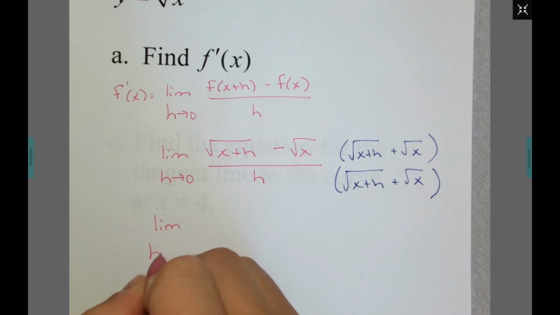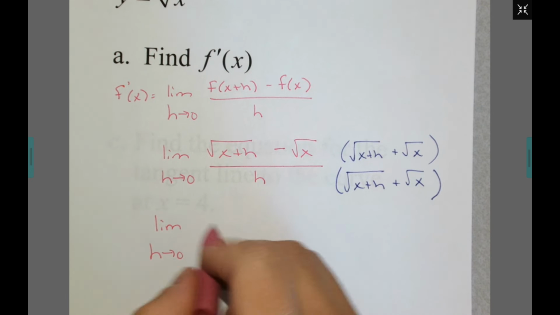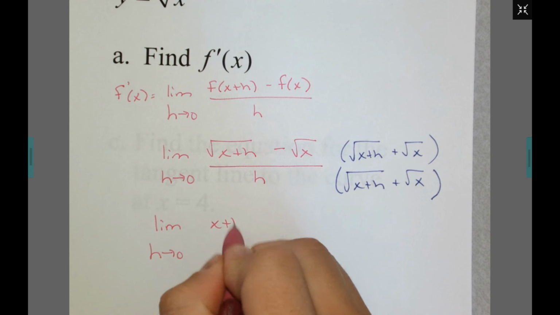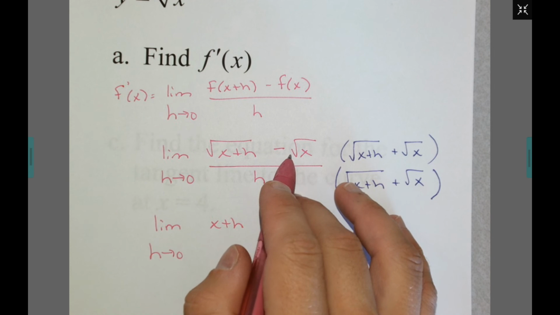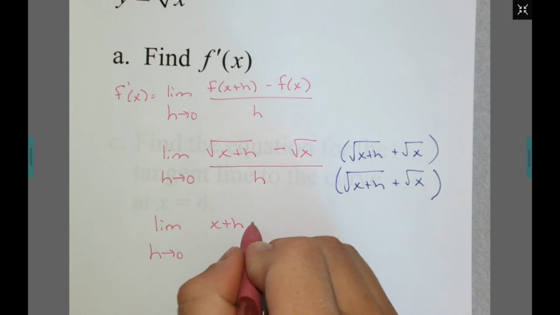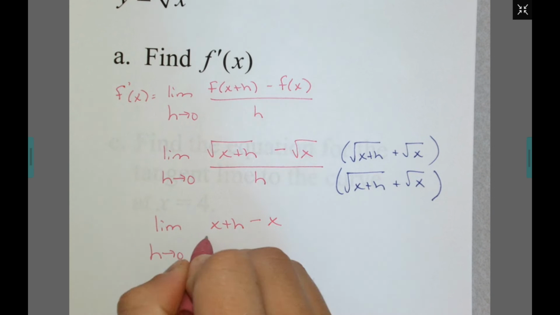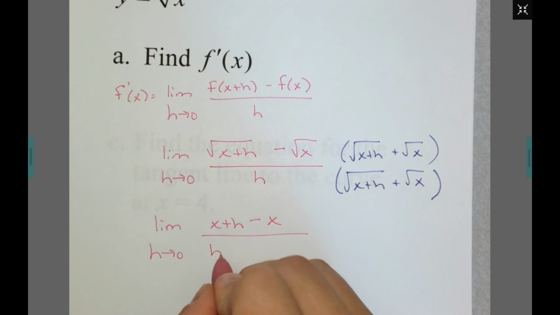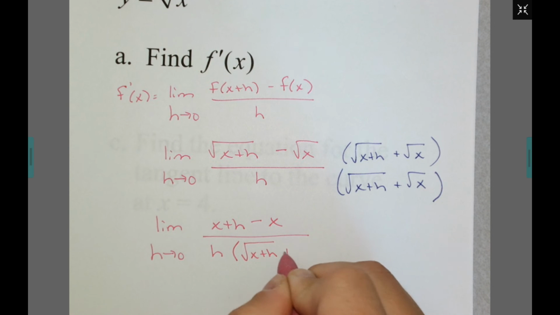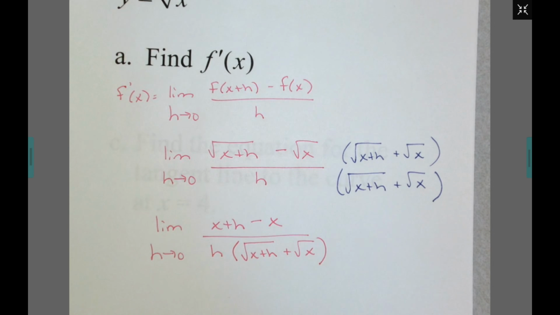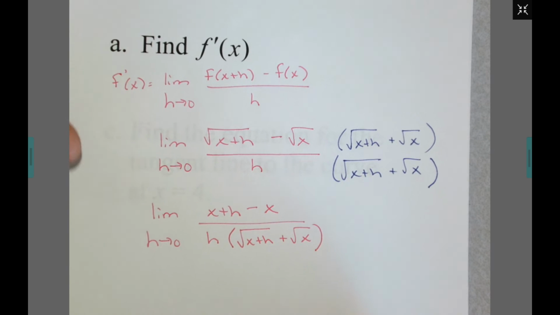So our numerator, when we go ahead and FOIL this out, we are going to be left with the limit as h goes to 0 of x plus h. My outer and inner terms are opposites, so they reduce out. And then I have a negative square root x times a positive square root x, leaves me with negative x. Denominator, like I've been saying, we're not going to multiply that out. Reason being, we want stuff to reduce out.